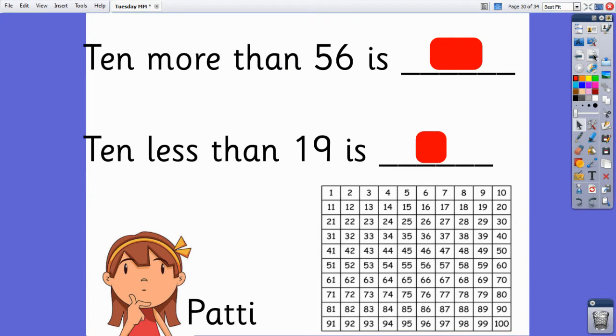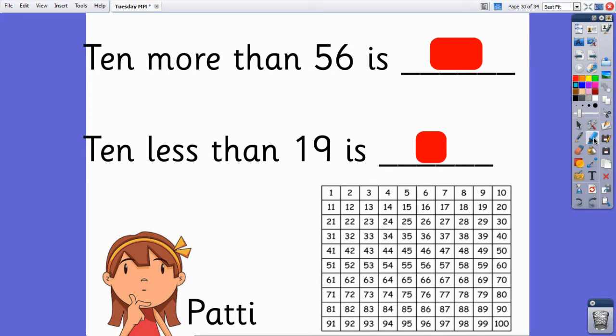We're going to move on to Patty place value. We have a 100 square here to help us complete our sentences. 10 more than 56 is, 10 less than 19 is. Please pause the video and complete the sentences. Good work.